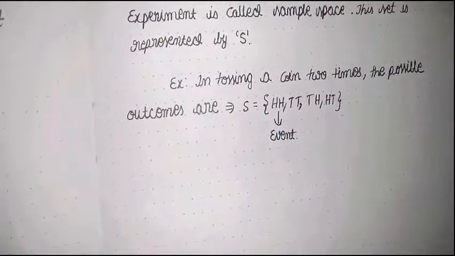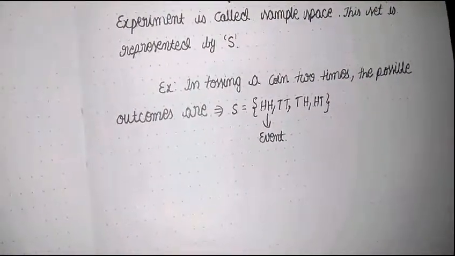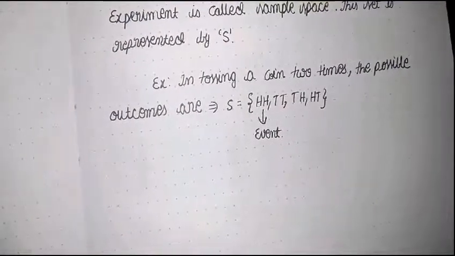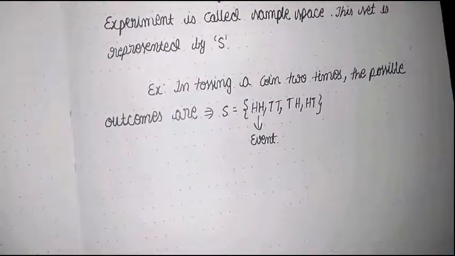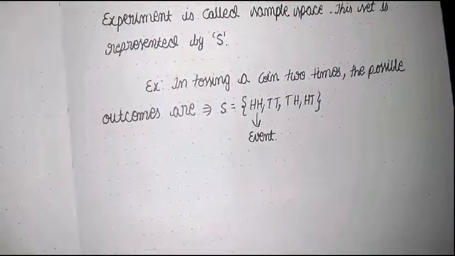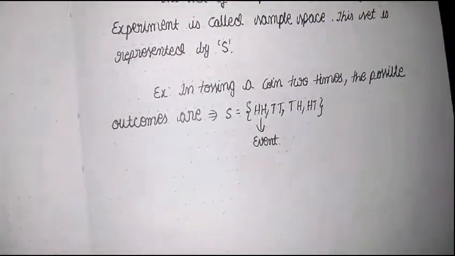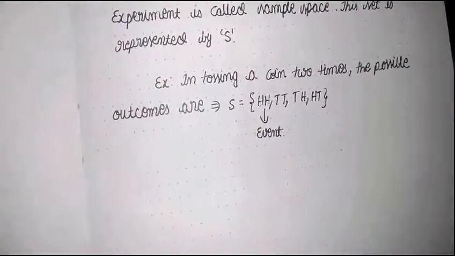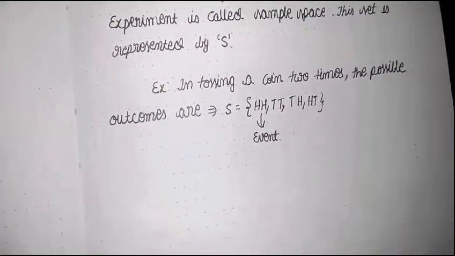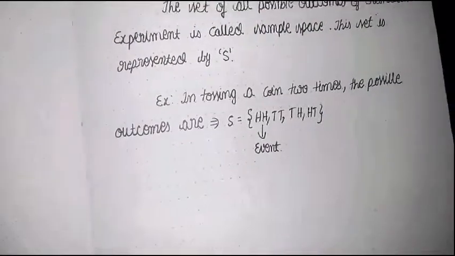Example, in tossing a coin two times, the sample space is equal to open curly bracket, and closed by a closed curly bracket, and the possible outcomes are head head, tail tail, tail head, head tail.